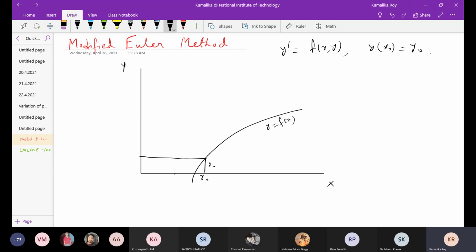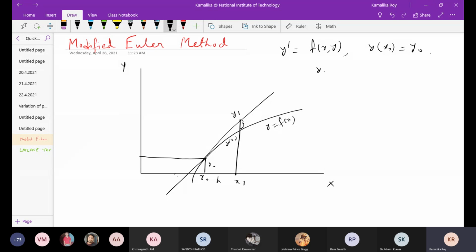Okay, so now what is the Euler method? In the Euler method, we draw a tangent line here. Our next point is x1, and this is h. The point where x1 meets the tangent is taken as y1, and this is the actual value y(x1), so this part is considered as error.